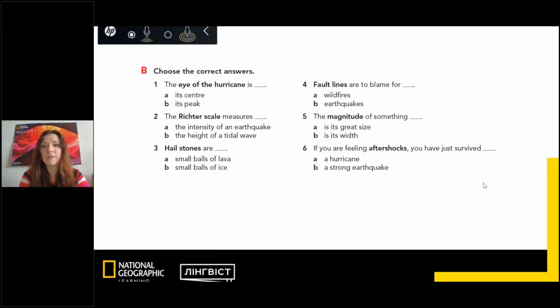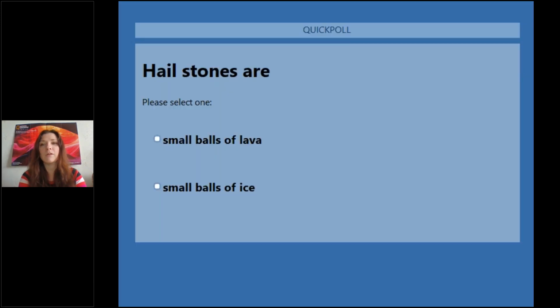Let's move to the hailstones. Do you know this word, or is it new for you? Small balls of lava or small balls of ice. When you hear hail, very interesting.